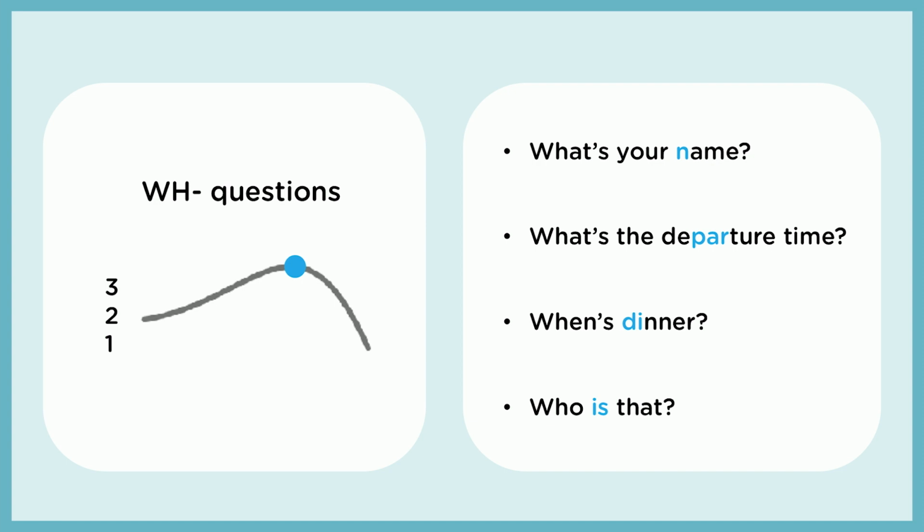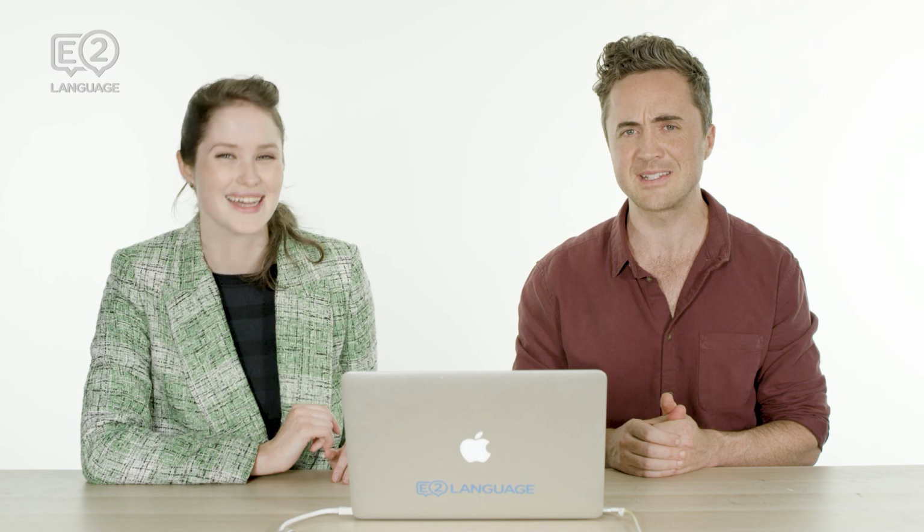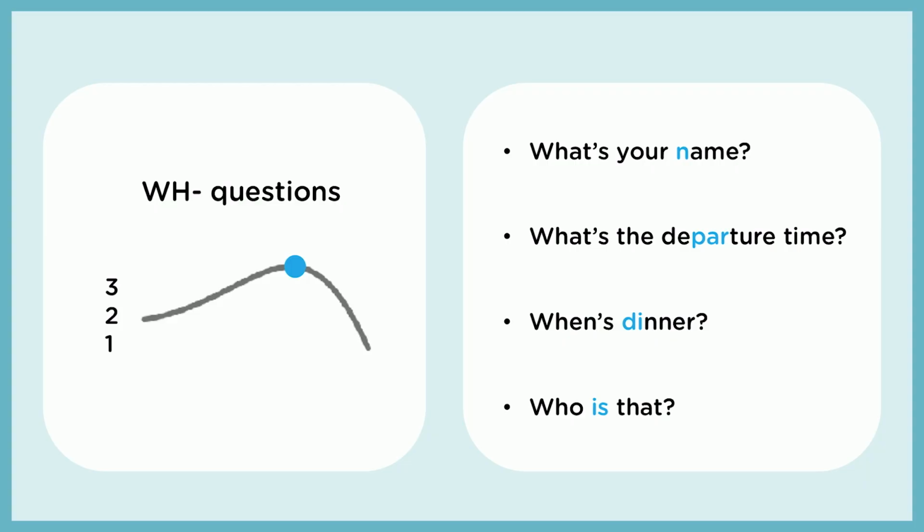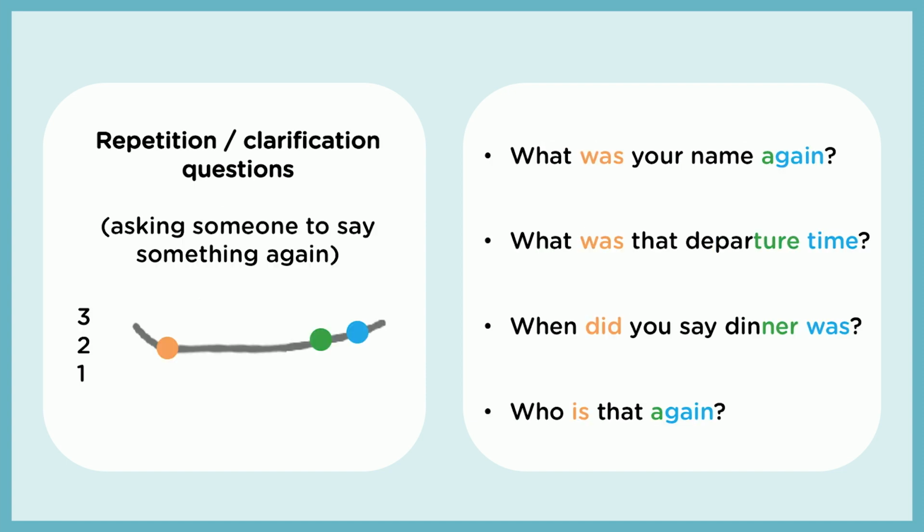When's dinner? Right, I remember that. Mom, when's dinner? I'm hungry. And then we've got, who is that? So sometimes you can make the difference subtle. Who is that? Or you can make it even more extreme. Who is that? Got it. So that is the pattern for WH questions.